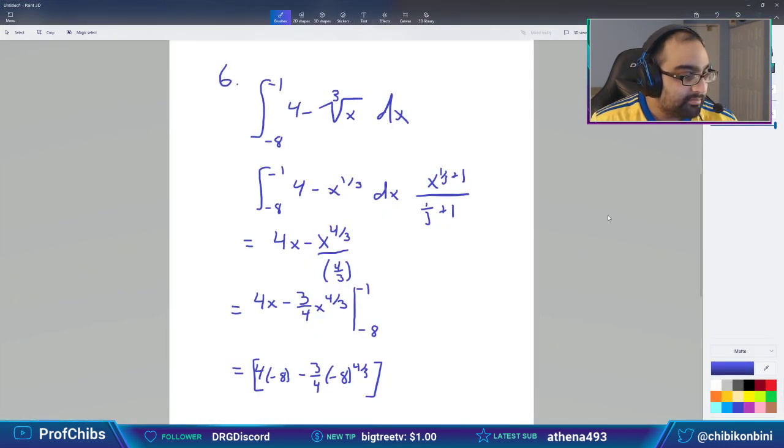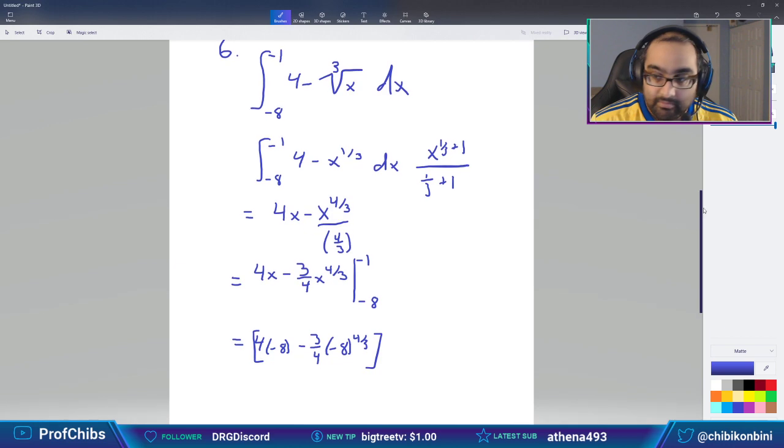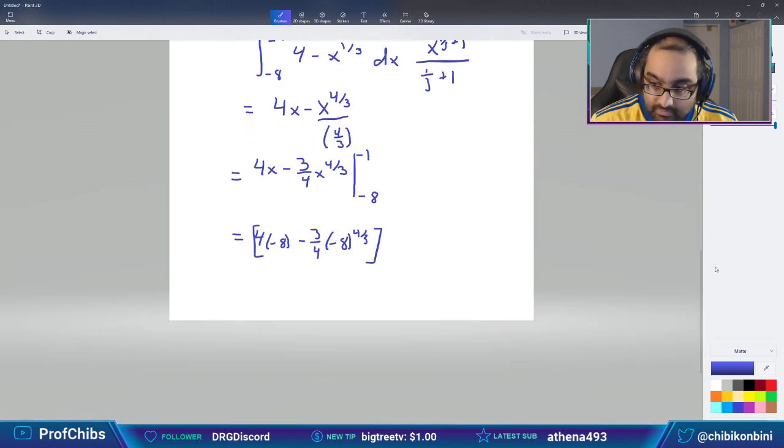Let's blow this up here for a moment. And we'll subtract that by plugging in -1. So we'll have 4 times -1 minus 3/4 times -1 to the 4/3 power.